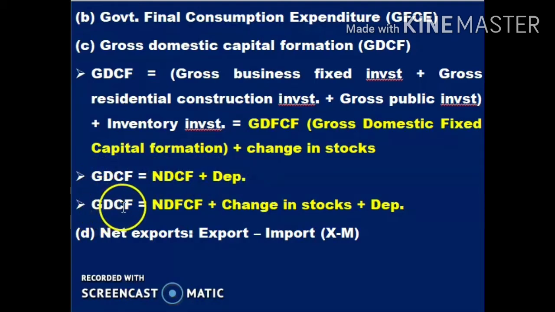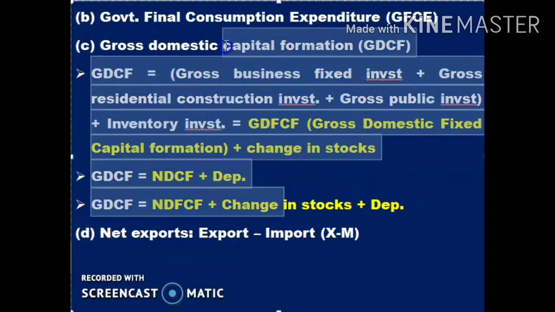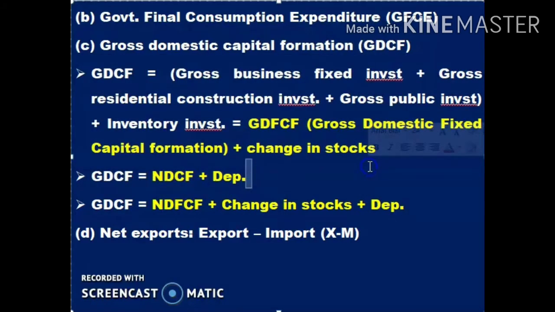Another form: if GDCF is not directly given, then NDFCF plus change in stocks plus depreciation. These are all alternatives that will be given in the question instead of GDCF. The next component is net exports.